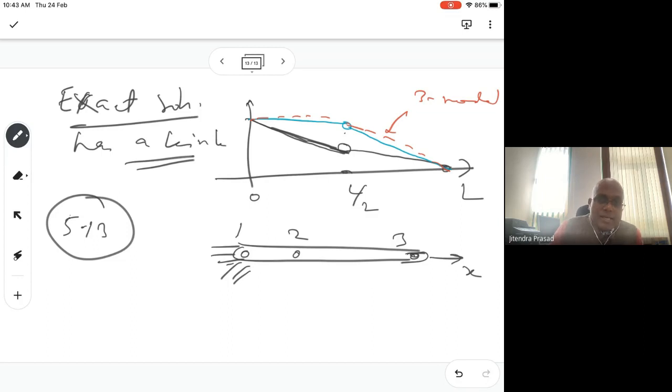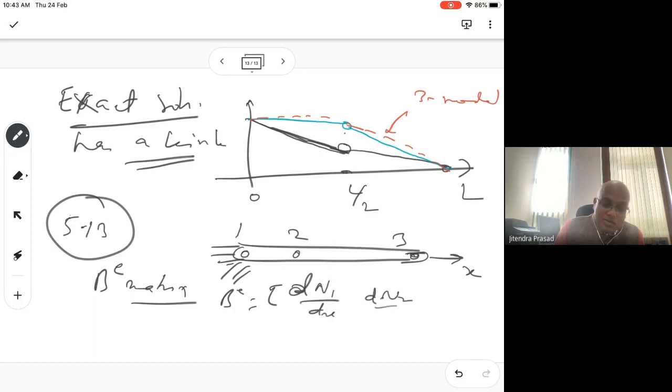Then what is it telling? It is telling that you have to obtain the B matrix. B matrix, as you know, is nothing but del N1 by dx, dN2 by dx, and so on. Then consider an element with x1 equal to 0, x2 equal to some value given.